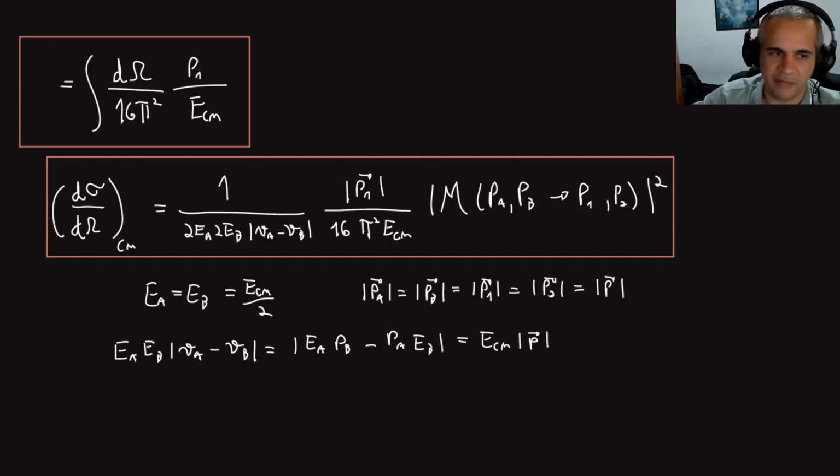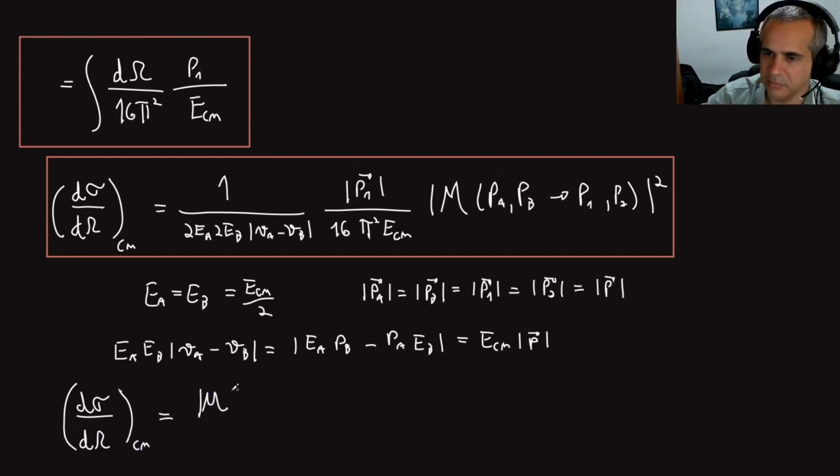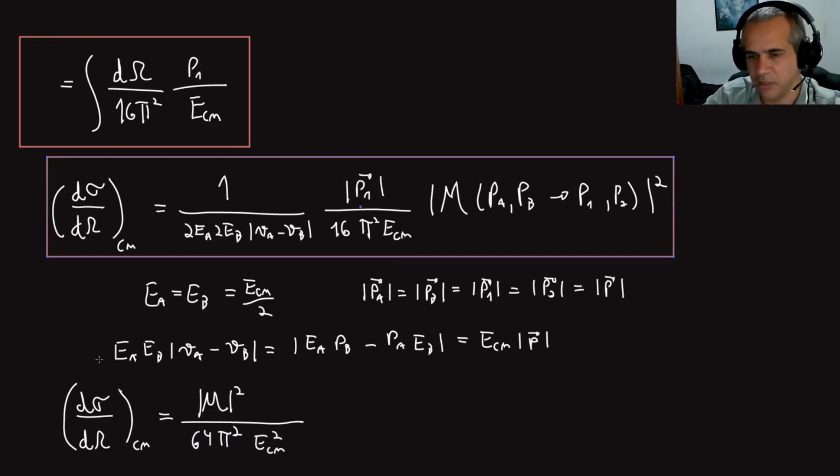Which means that my differential cross section is just, I'll abbreviate this to this one, just not indicating the particles. And this is 64 because there's a 4 here, pi squared, center of mass energy squared, which is a fairly simple formula.